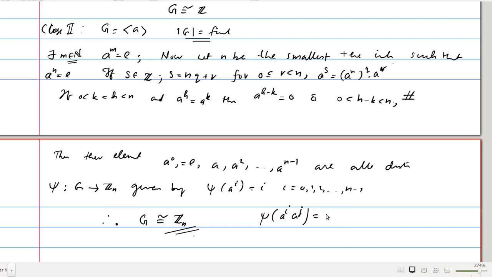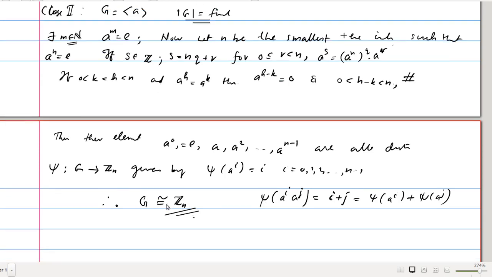Psi of A raised to I times A raised to J is equal to I plus J, because it is A raised to I plus J. This is the same as psi of A raised to I plus psi of A raised to J. So this proves the homomorphism property, and from that you can say that G is isomorphic to Zn.